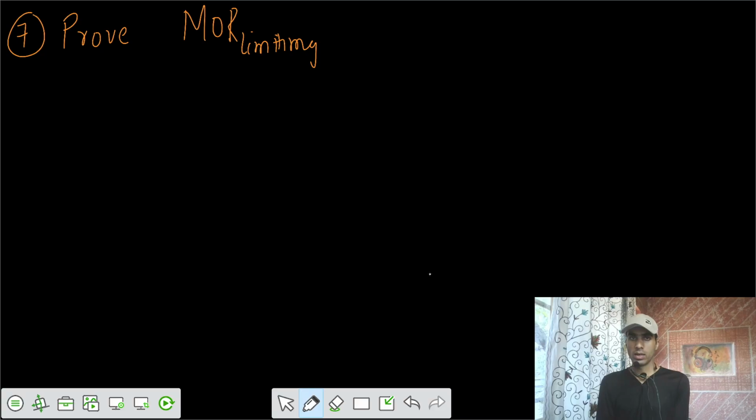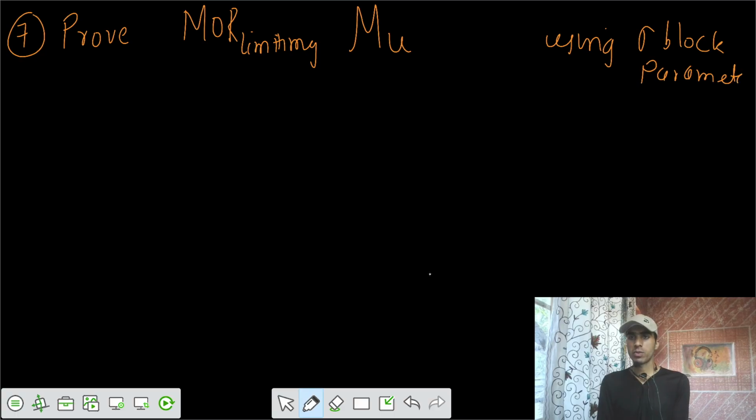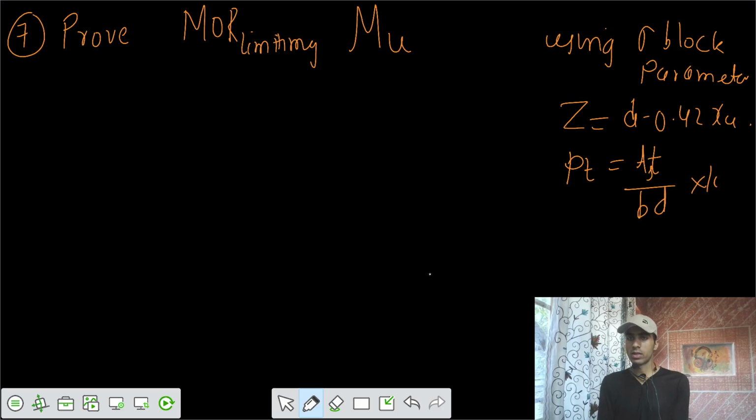Let's take problem 7. We had to prove that the limiting moment of resistance, that we represent here as Mu, using stress block parameters. The parameters of the stress block are that the lever arm z equals d minus 0.42 xu, and one more data is that pt, percentage tensile reinforcement, is Ast by bd into 100.